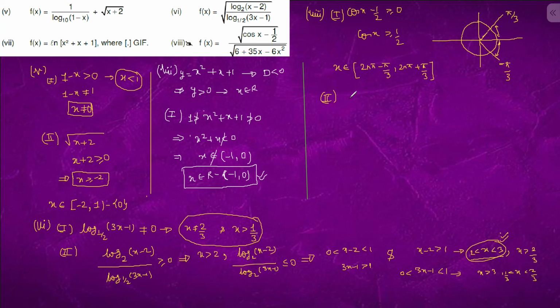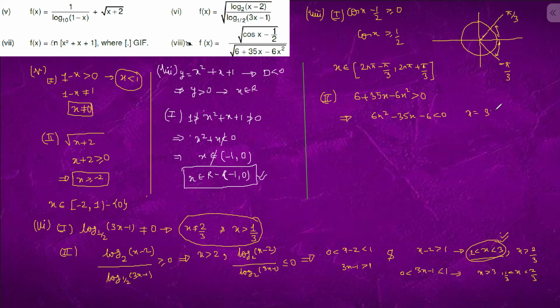Part 2. 6 plus 35x minus 6x squared should be bigger than or equal to 0, bigger than but not equal to 0. So we have 6x squared minus 35x minus 6 less than 0. So what is x? We will solve the quadratic equation.